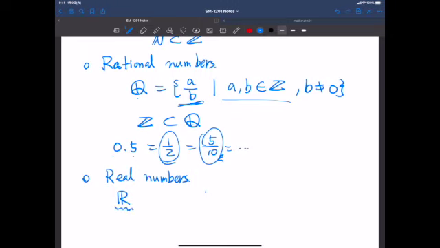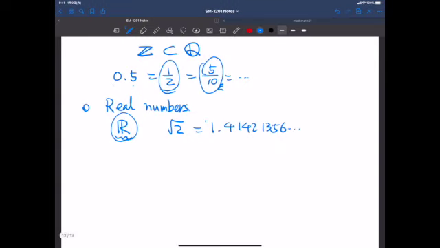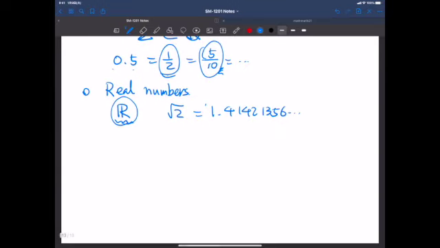So we write the set of real numbers by this symbol. And this includes something like square root of 2, which is irrational. Okay. And yeah, defining real numbers is really, really hard, but that is a subject of real analysis, I guess. Of course, the set of rational numbers is a subset of real numbers.